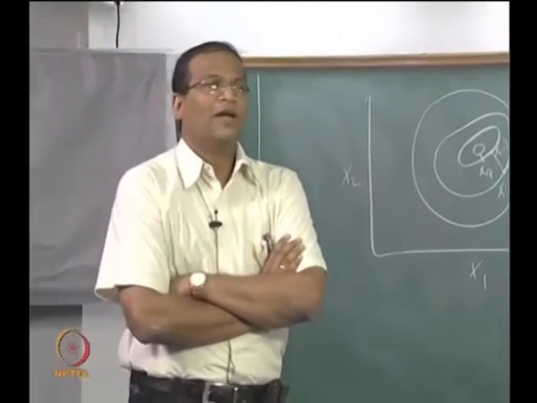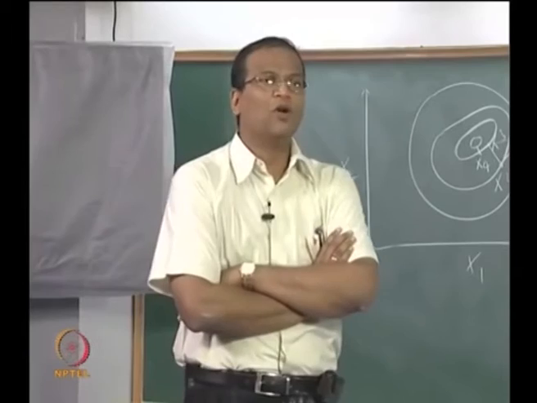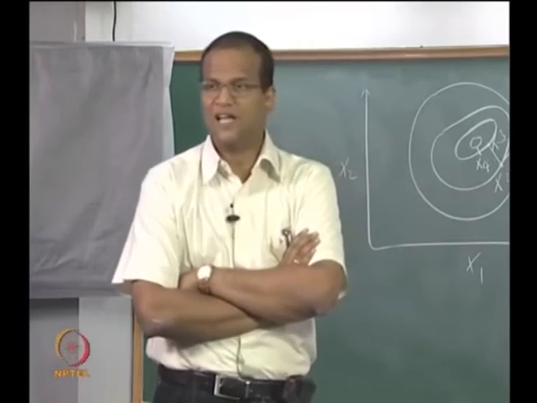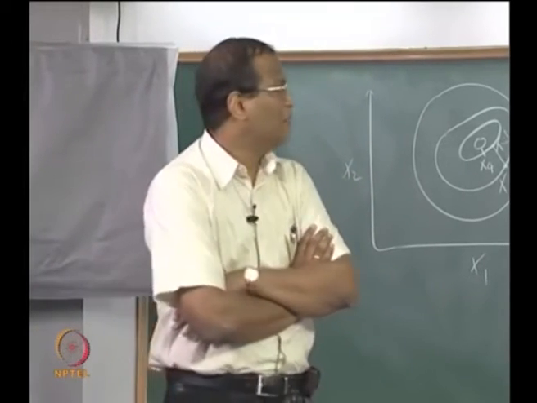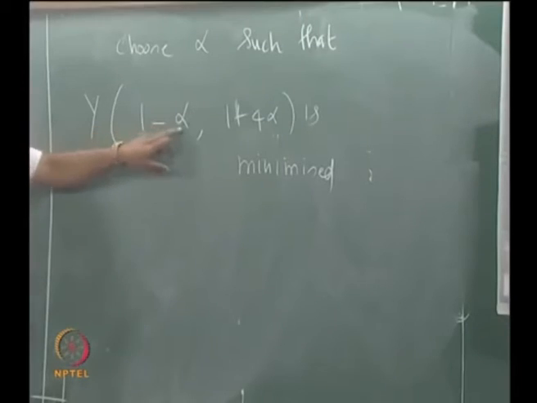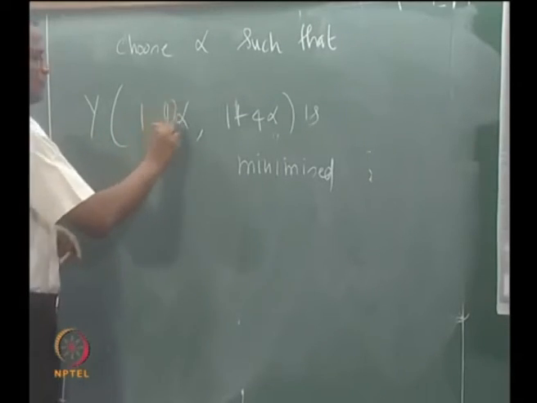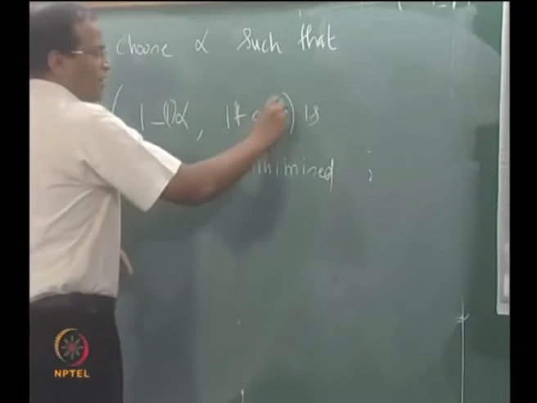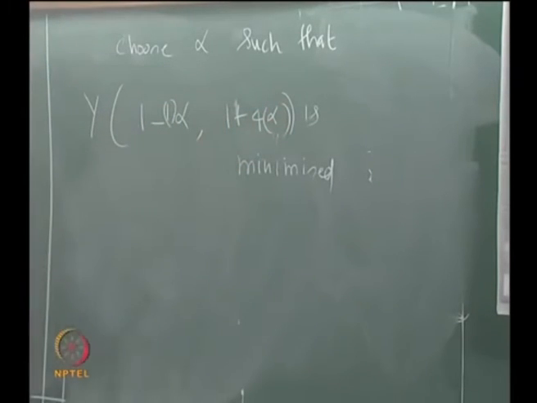So x new will be x old plus delta x, that is alpha times dy by dx1, minus 1, alpha times dy by dx2.